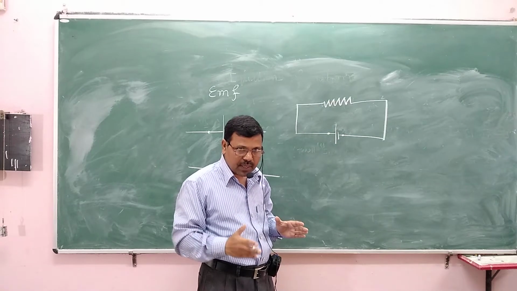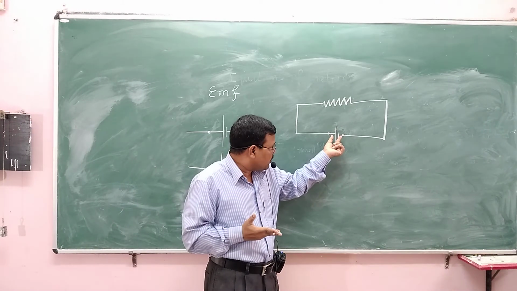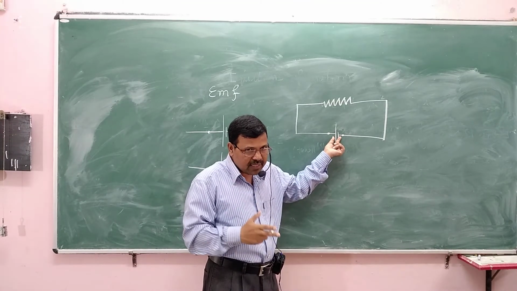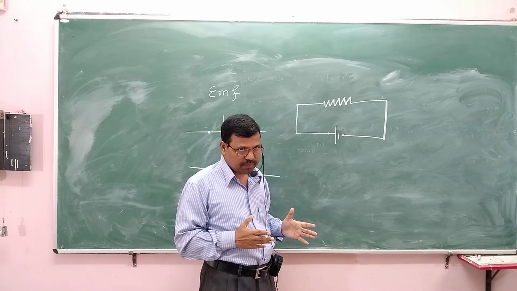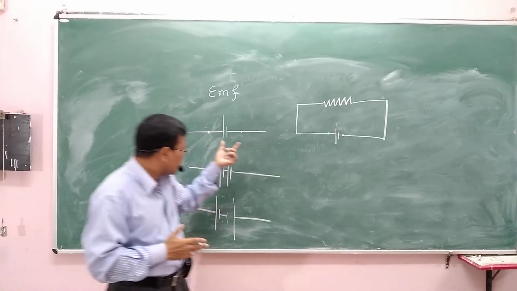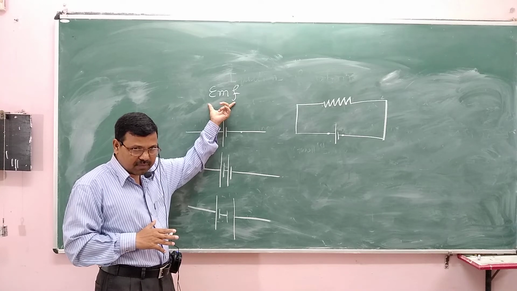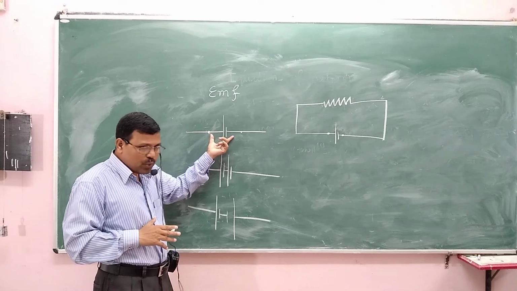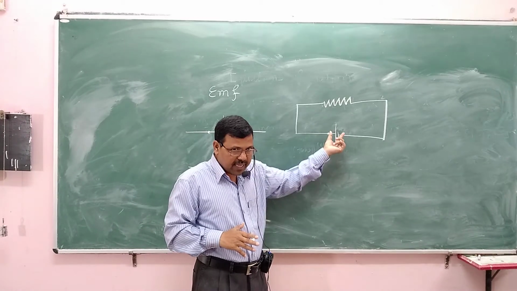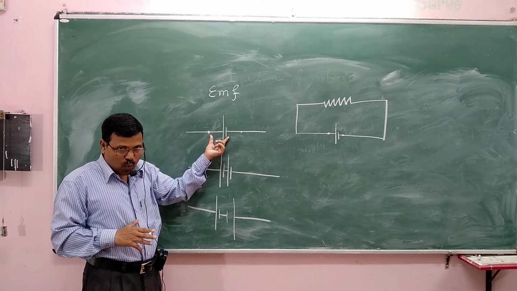In other words, it is the difference in potentials between the two terminals of a cell when the cell is in closed circuit. Here from the cell, current is drawn by the resistor. Here from the cell, no current is drawn from the resistor. Here it gives EMF. Here it gives potential difference. Here the cell is in closed circuit. Here the cell is in open circuit.